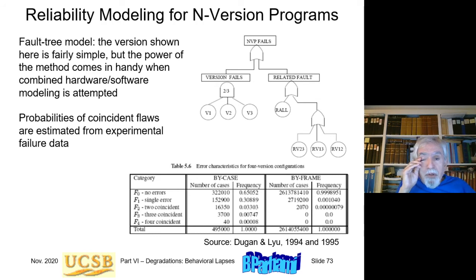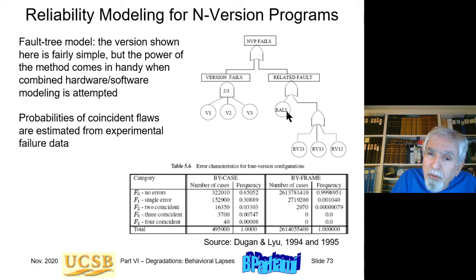Okay, n-version programs can be modeled by the fault tree analysis method that we saw earlier in the course. So here's an example for a 3-version software. The 3-version software fails or malfunctions if 2 of the 3 versions malfunction independently. So this is 2 out of 3, and this is OR, so this is one path to failure for the n-version software.